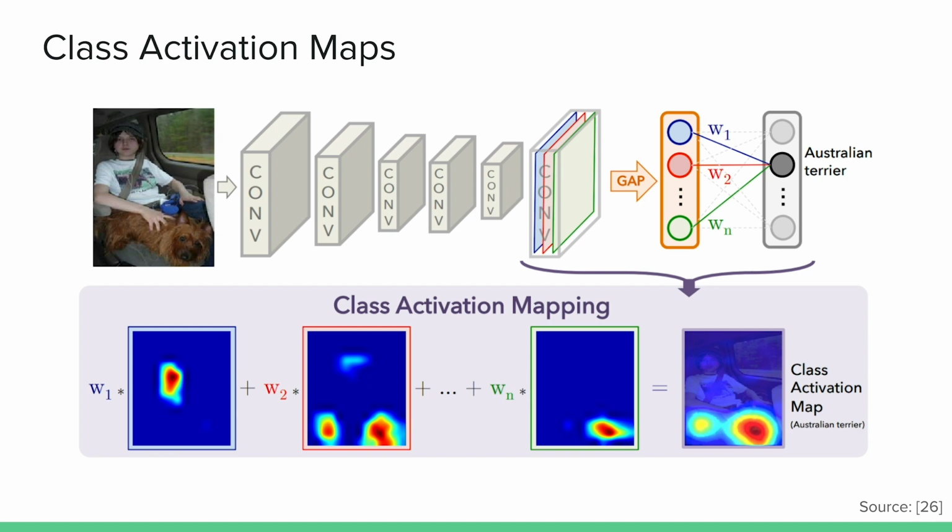Thinking back of class activation maps in the context of global average pooling, if you remember what global average pooling was, it was the idea that we shape our output in such a way that we have one layer per output class if we have some sort of image classification problem.